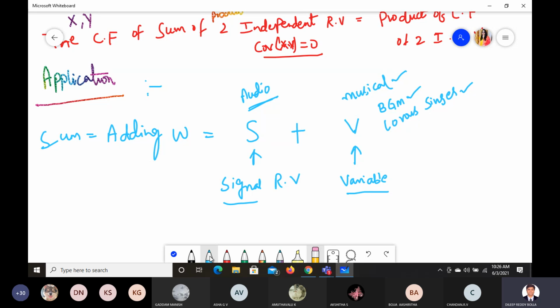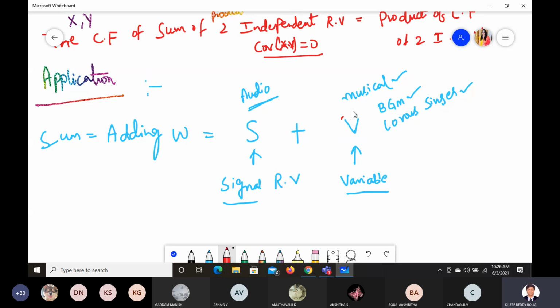Now what is the point here? Along with the audio we are able to listen to the music. It's all because of this addition of independent random variables. There are two independent entities, they will have a different frequency and the musical instruments have a different frequency.